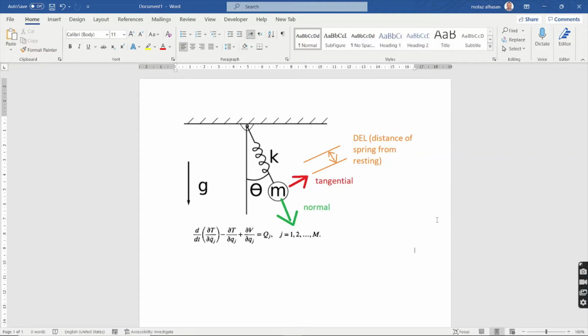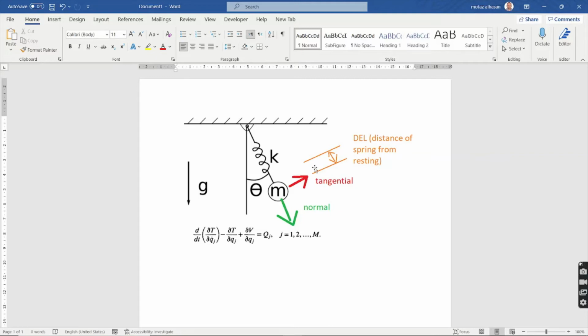In the normal direction, it's pretty simple. It's just going to be the time derivative of del, which is the distance that the pendulum moves away from the uncompressed length of the spring pendulum, or how much the pendulum is getting compressed and not compressed.